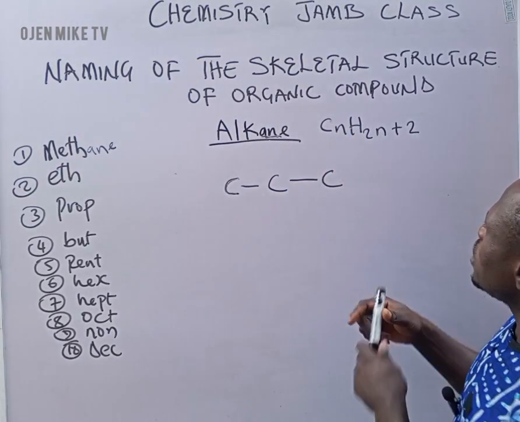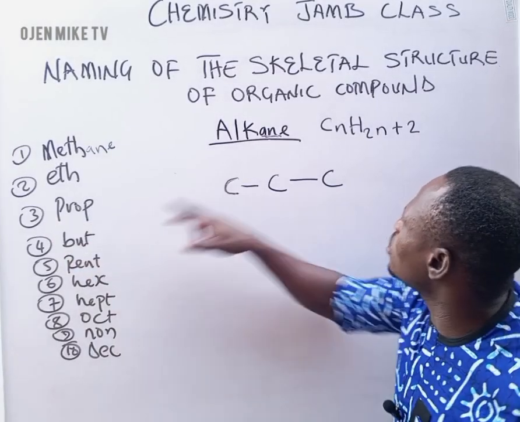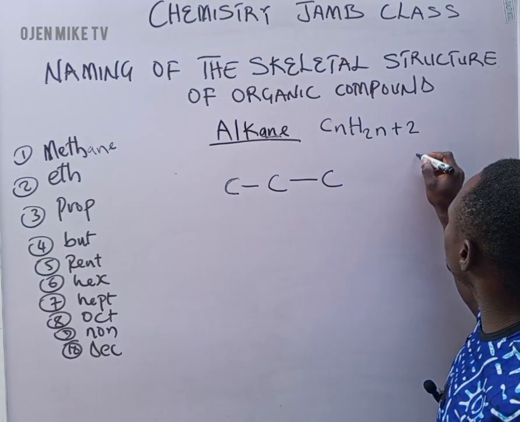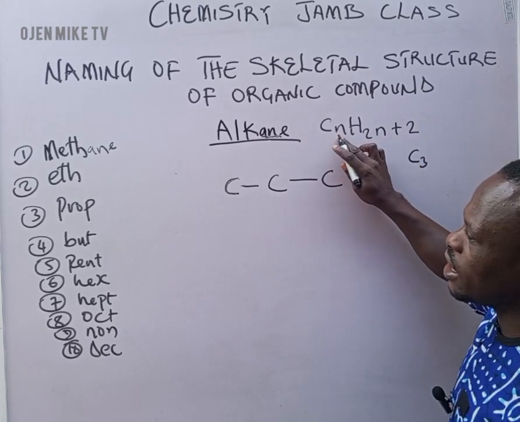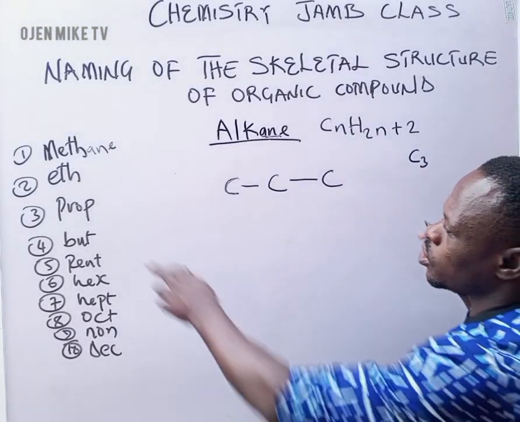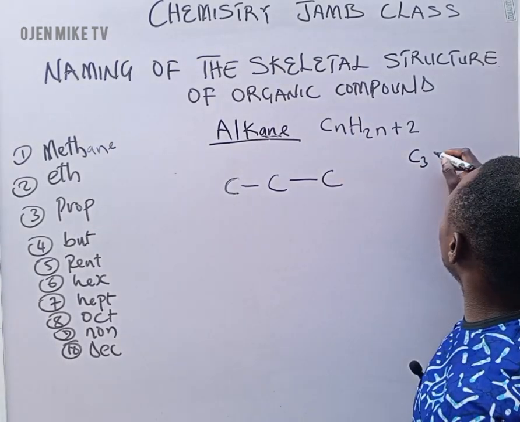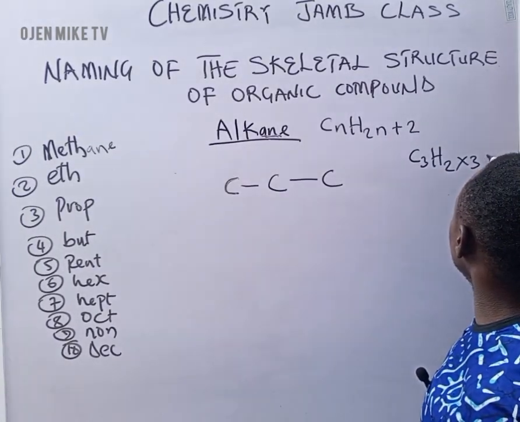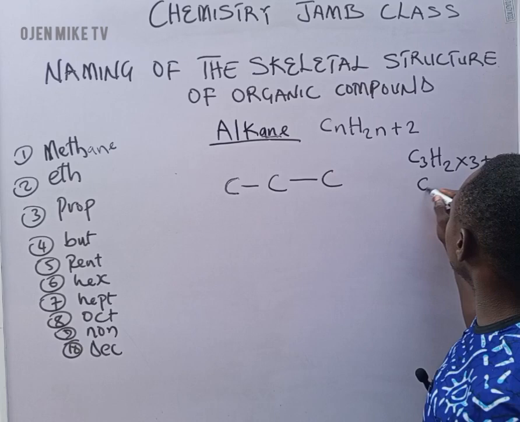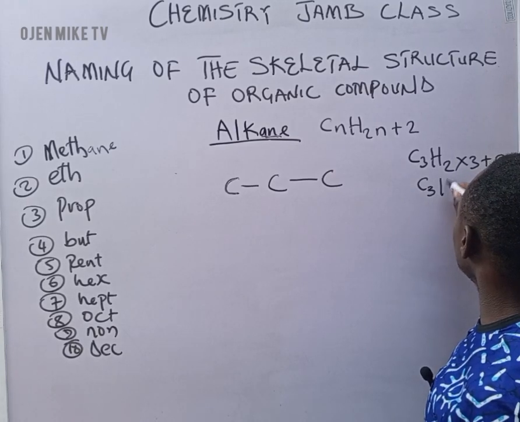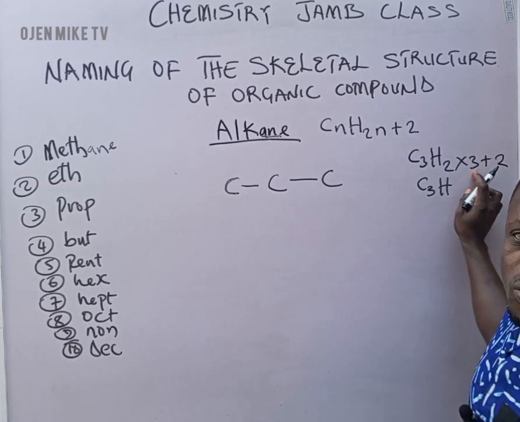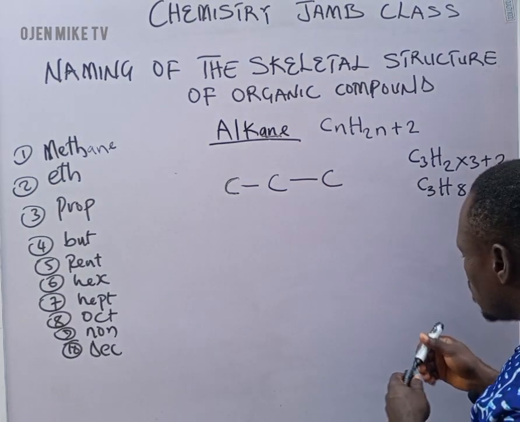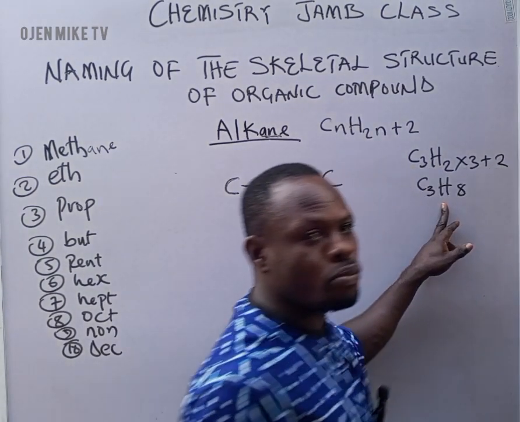If you want to substitute that, let n be 3, because you are looking at 3 carbon atoms. We have C3, H2 times n, which is 3, plus 2. So we have C3, H2 times 3 will give you 6. 6 plus 2 will give us what? 8. So this is the molecular formula of propane, C3H8.